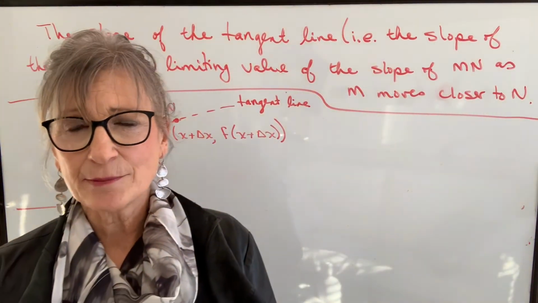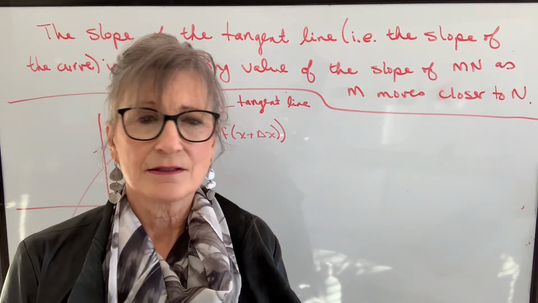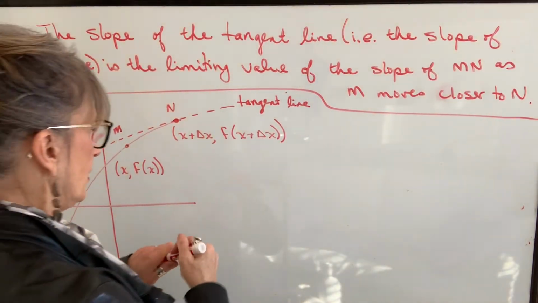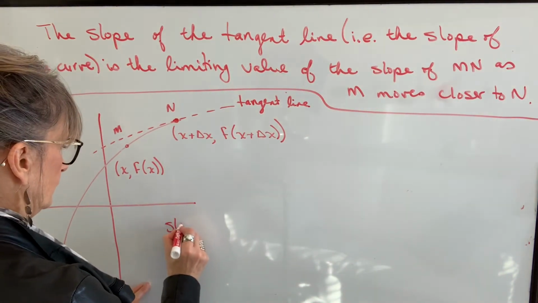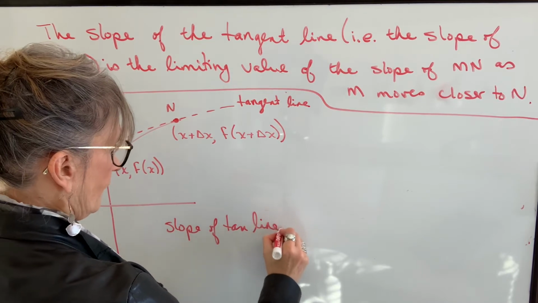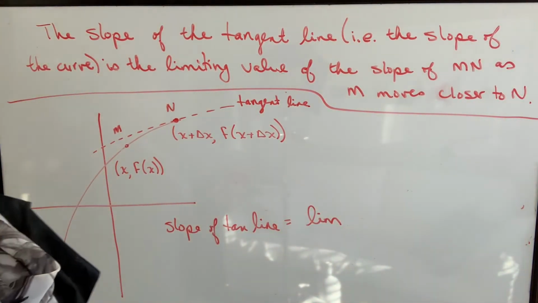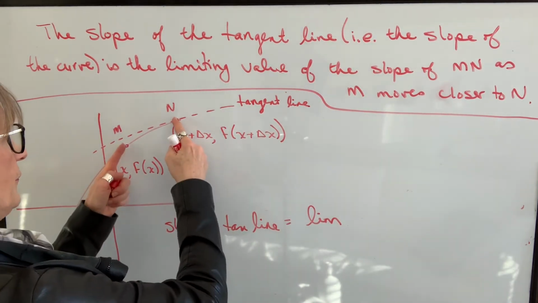So we're going to get into limits, and we have to express the slope of the tangent line as the limiting value of the slope of MN. So how do I express the slope of MN?